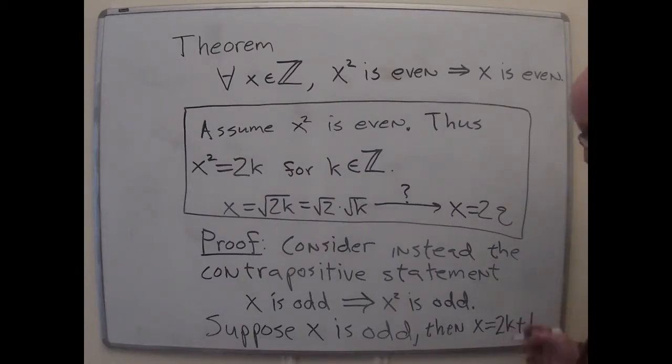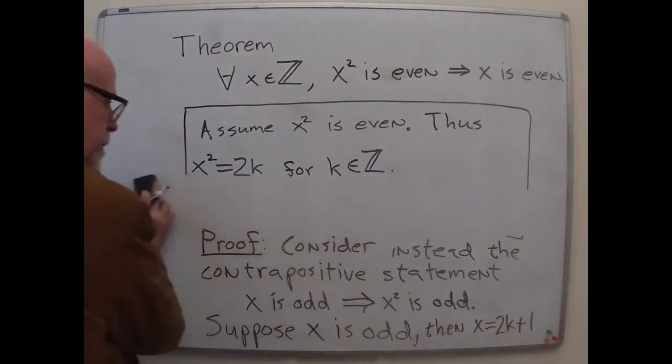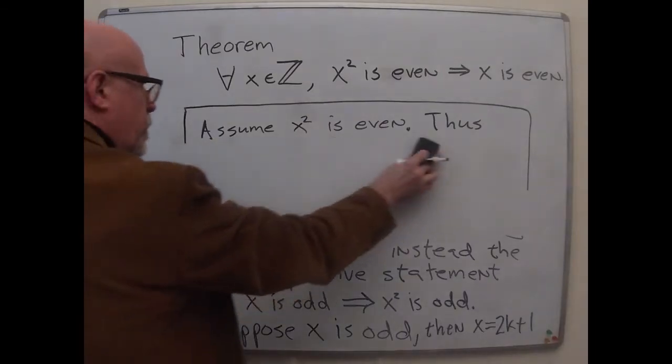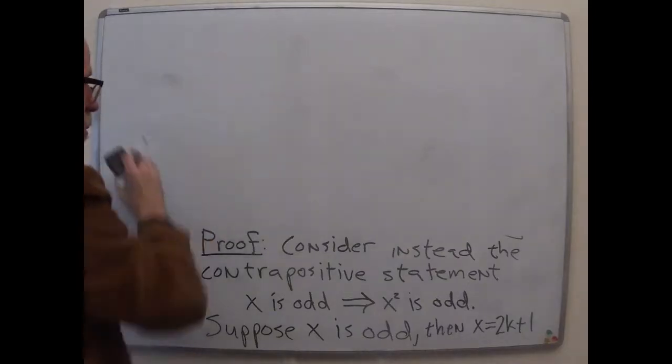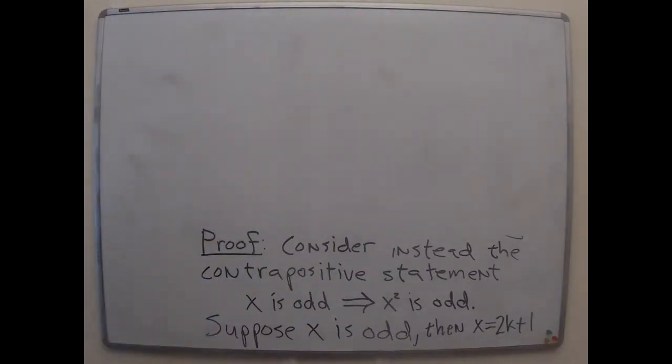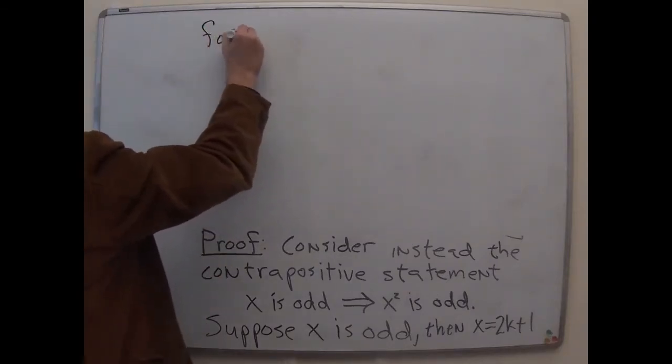That's for some integer k. I should probably add that. I'm going to leave the bottom half of the board unerased, so that'll be the proof we're working on from there down, but we'll continue from the top of the board. x equals 2k plus 1 for some integer k.